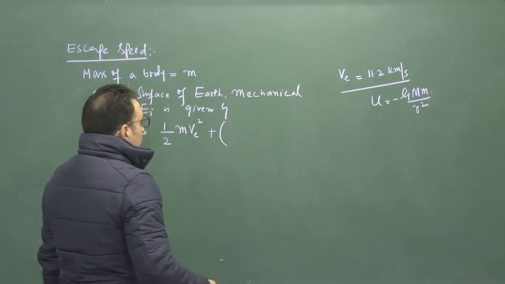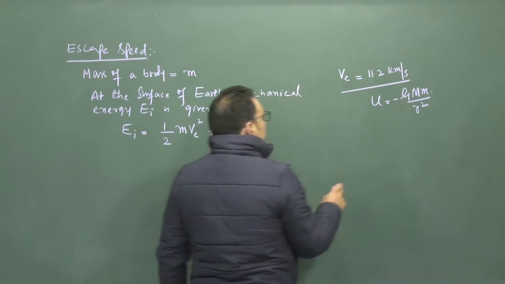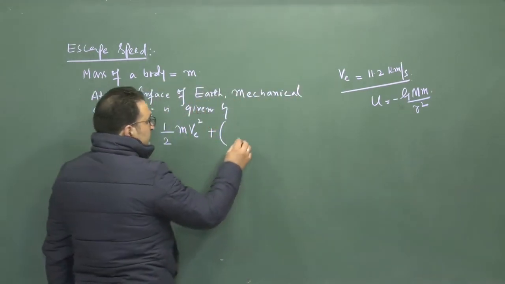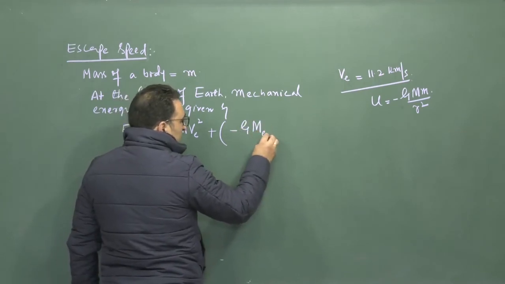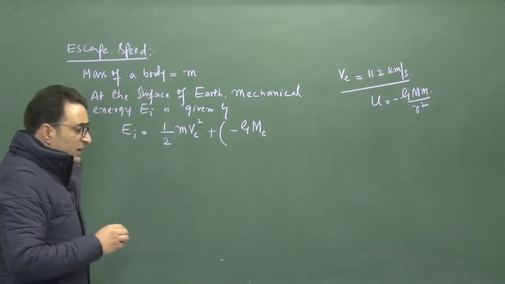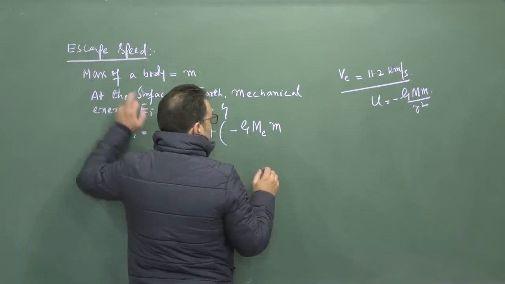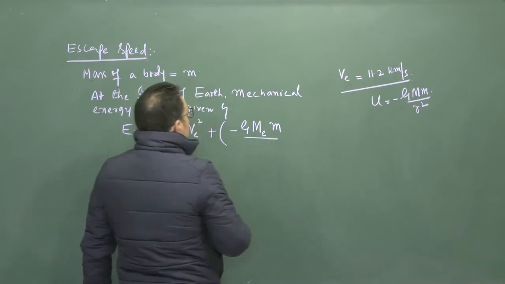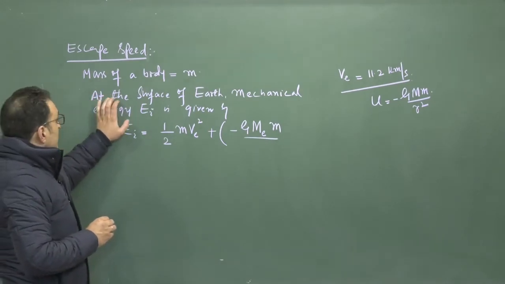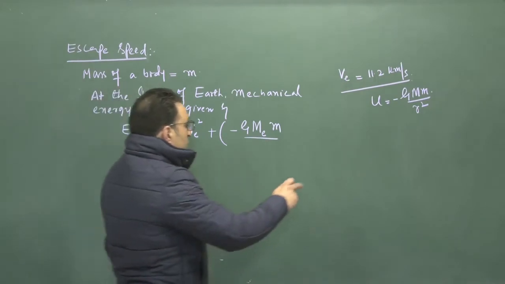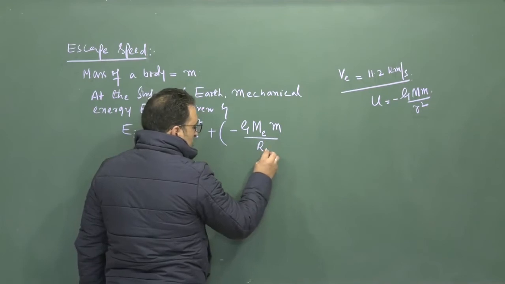If we talk of the surface of Earth, then I can write it as minus G M_E m, where M_E is the mass of Earth and m is the mass of the body, divided by R_E, since r is to be replaced by R_E.